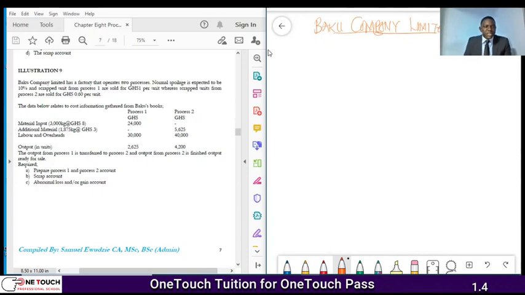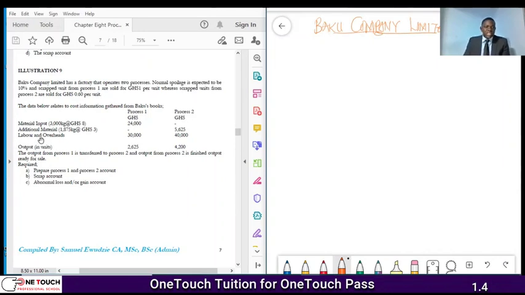So Baku Company Limited has a factory that operates two processes. Normal spoilage is expected to be 10%, and scrapped units from process 1 are sold at 1 cedi per unit, whereas scrap units from process 2 are sold for 60 pesewas per unit. The data below relates to cost information gathered from Baku's process 1. We have material inputs 3,000 kg at 8, giving us 24,000.